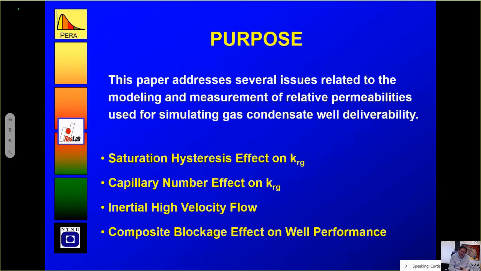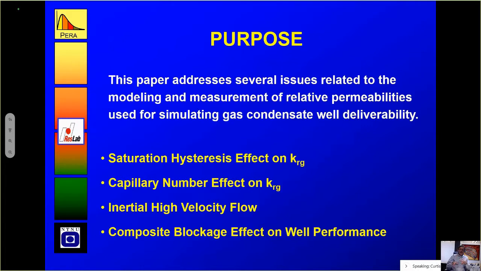So one issue that we try to answer is the saturation hysteresis and its effect on KRG. The only thing we knew before we looked at the paper is that the flow phenomena in region 1 will always be steady state.